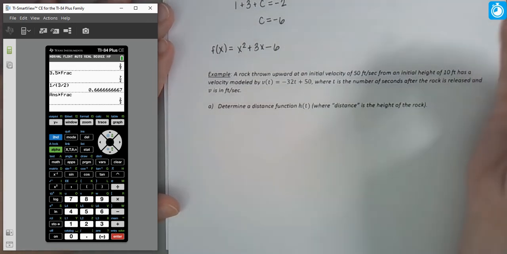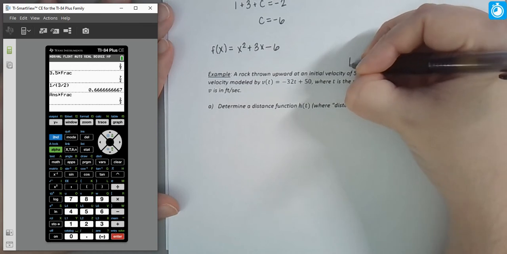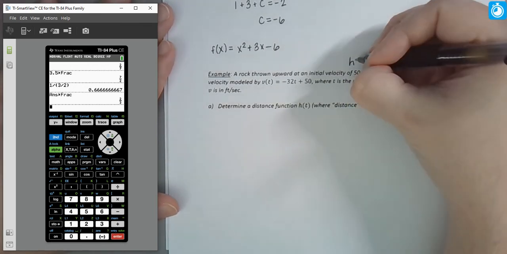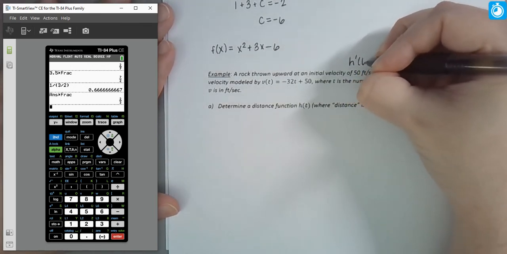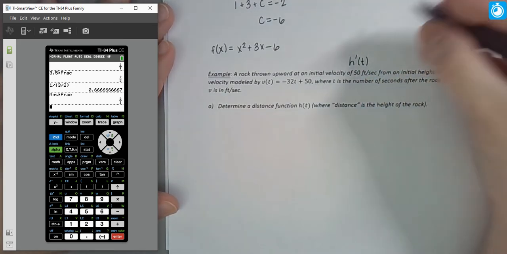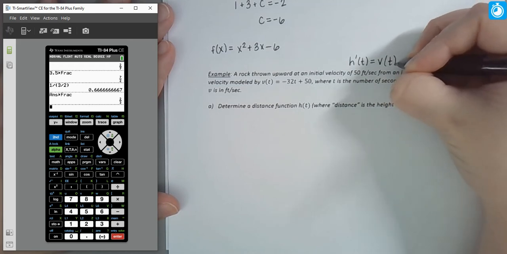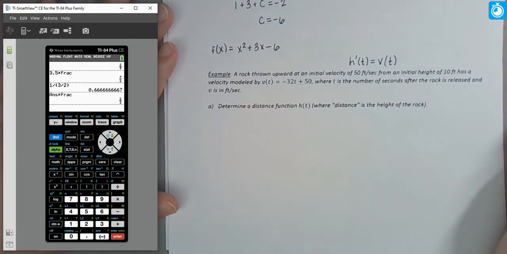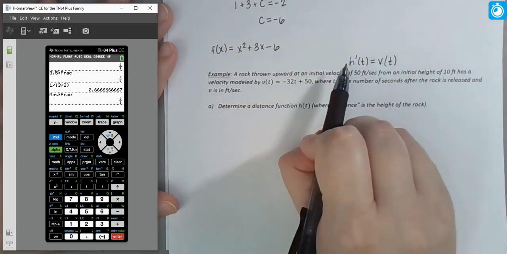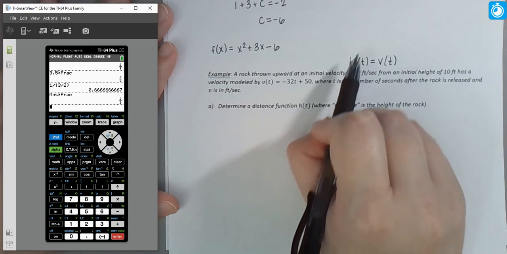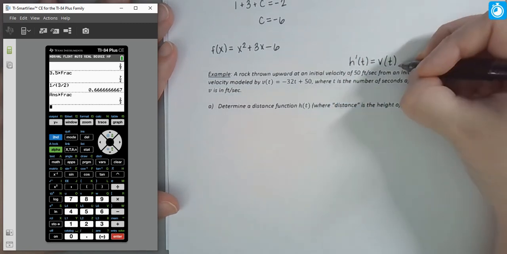Well, what we determined is that if we were to take a height or position function and differentiate it with respect to time, then the resulting function is defined as the velocity of the object that happens to be moving. So the derivative of a position function is the velocity function.